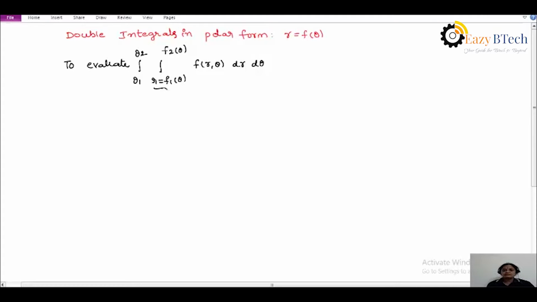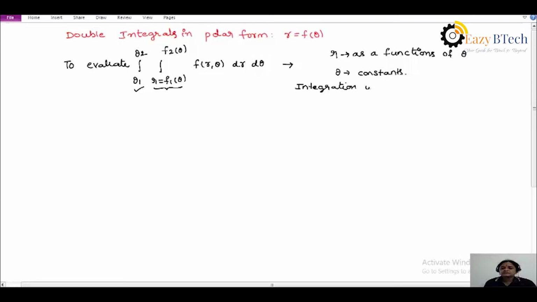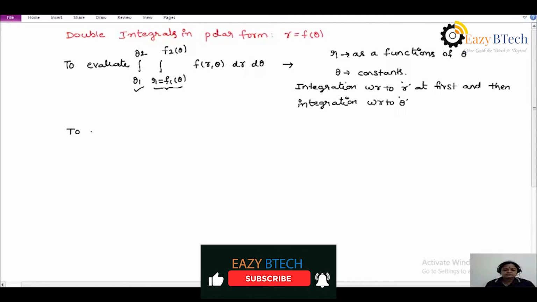That means if r limits are functions of theta and theta limits are constants, then at first you have to do the integration with respect to r, and then integration with respect to theta.